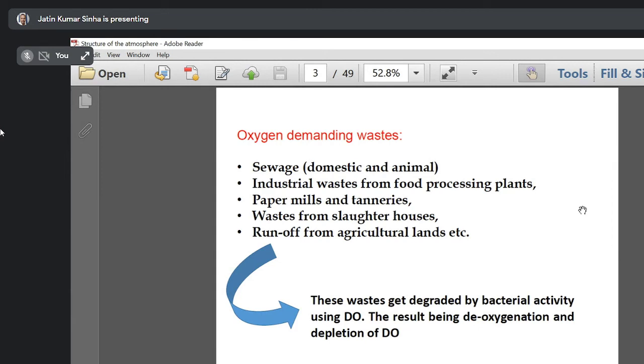By using that, they remove the oxygen from the water. So when they end up in a closed water body system, the decrease in oxygen leads to different types of problems for aquatic animals as well as aquatic plants.